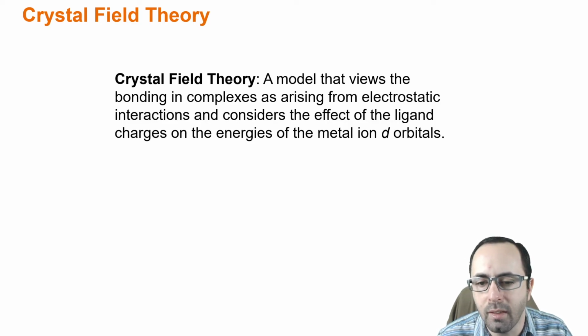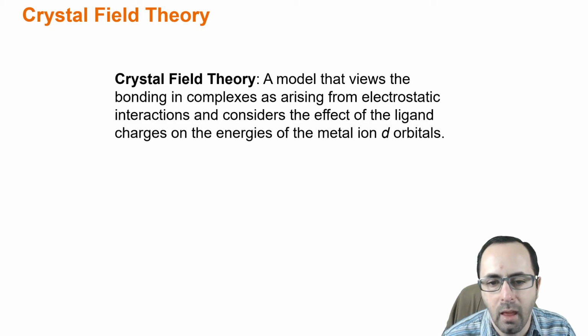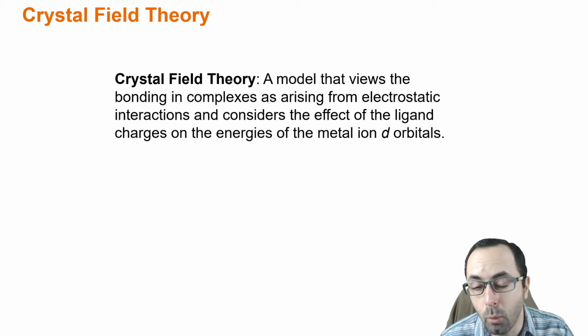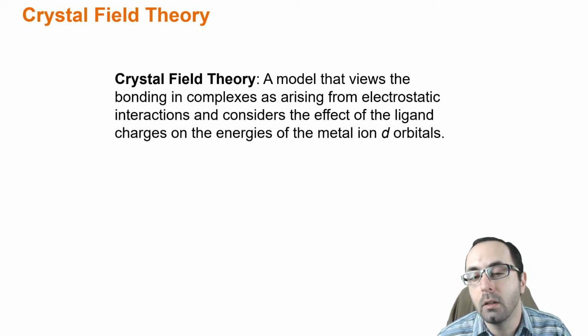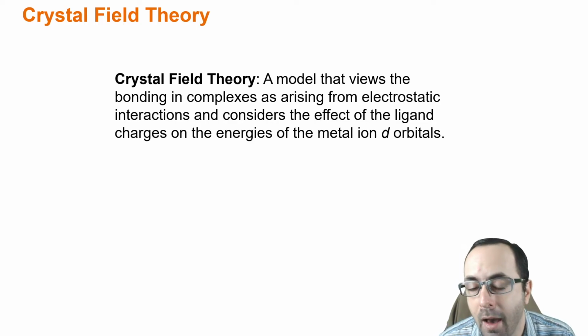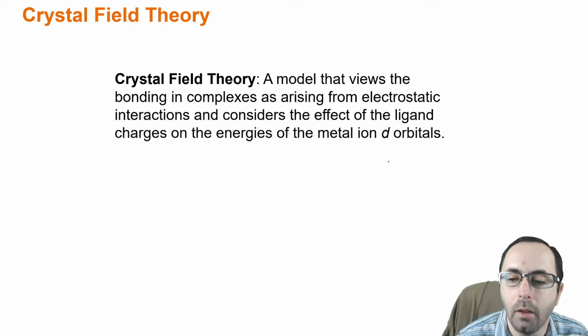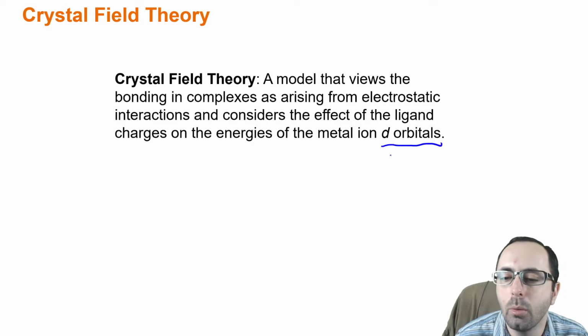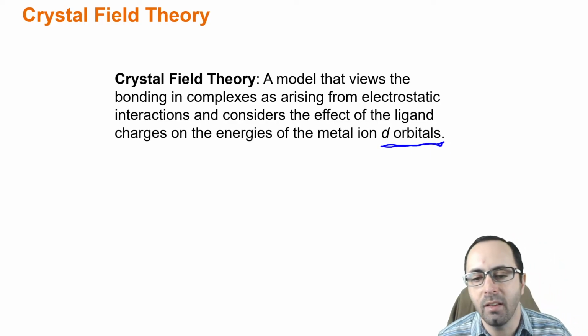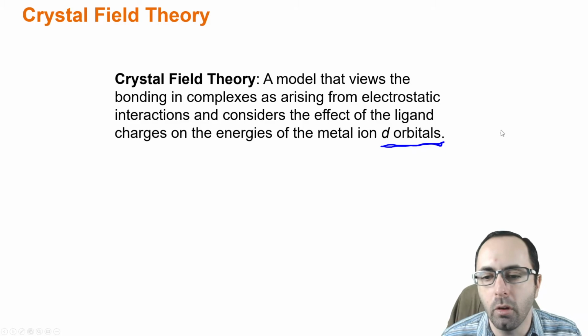The result is that there is a splitting in energy, and so not all the d orbitals have the same energy. And this is a very good way to explain why transition metal complexes have colors, whereas many others don't. It has everything to do with the d orbitals and this splitting of energy that we're going to observe along with crystal field theory.